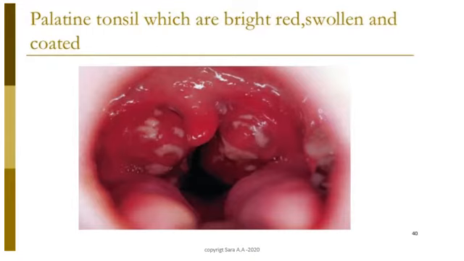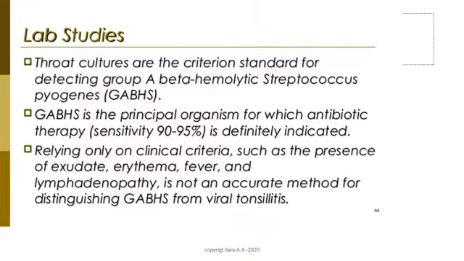In that picture, we can see that throat cultures are the criterion standard for detecting group A beta-hemolytic streptococcus, because the sensitivity is 95% for antibiotic therapy.